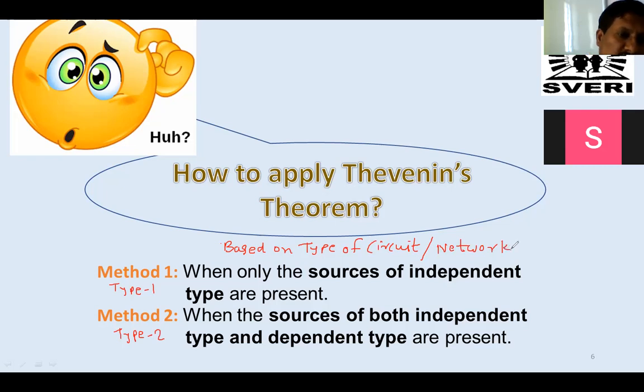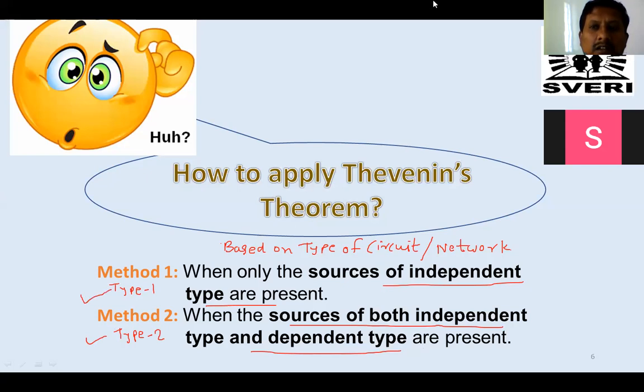In type 1, only sources of independent type are present, meaning all sources are independent. When all sources are independent, that problem belongs to type 1. Thevenin's theorem we can apply for type 1 as well as type 2, but a different procedure will be there. Similarly, type 2 problems consist of both independent as well as dependent sources. When a dependent source along with independent sources is present in the given network, that is type 2.